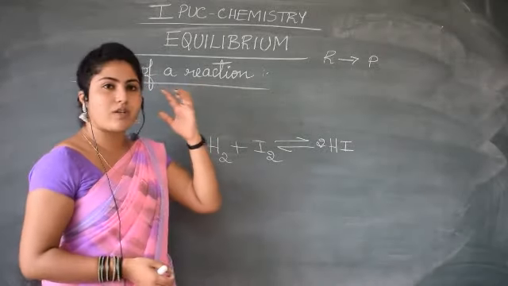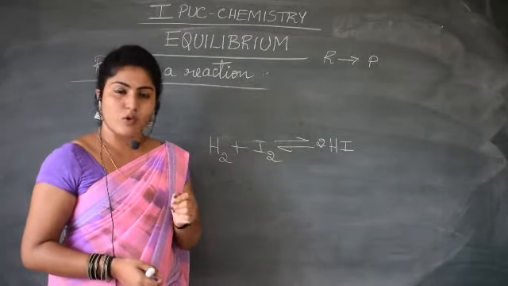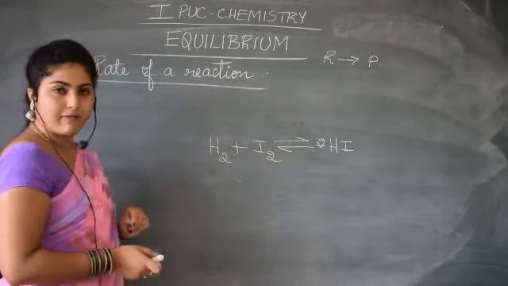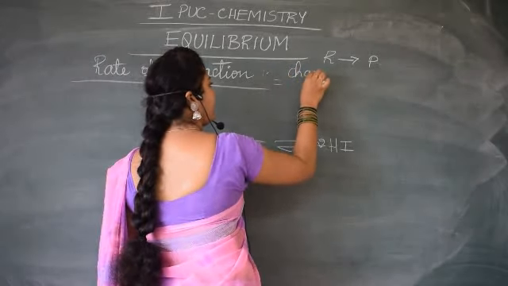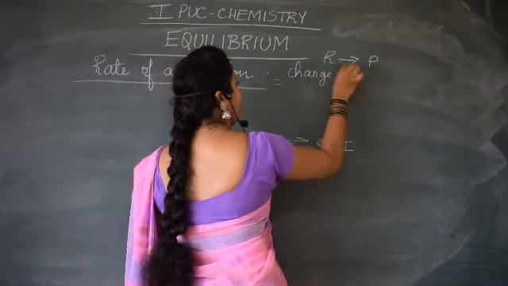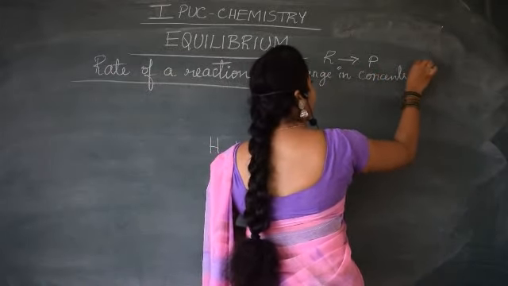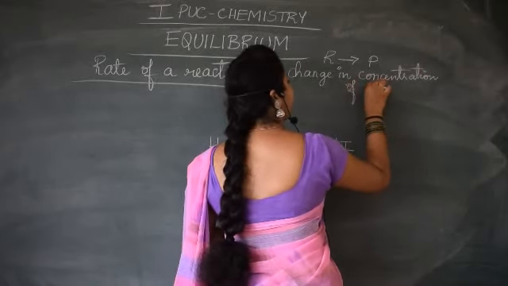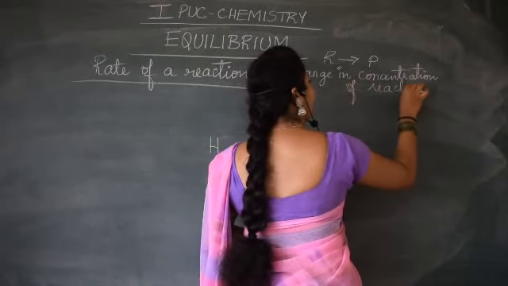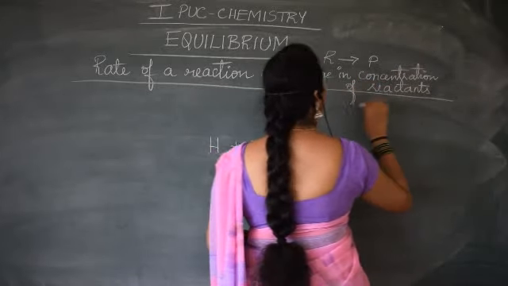Rate of a reaction means, in other words, speed of a reaction. So we say rate of reaction is defined as change in concentration of reactants with respect to time.